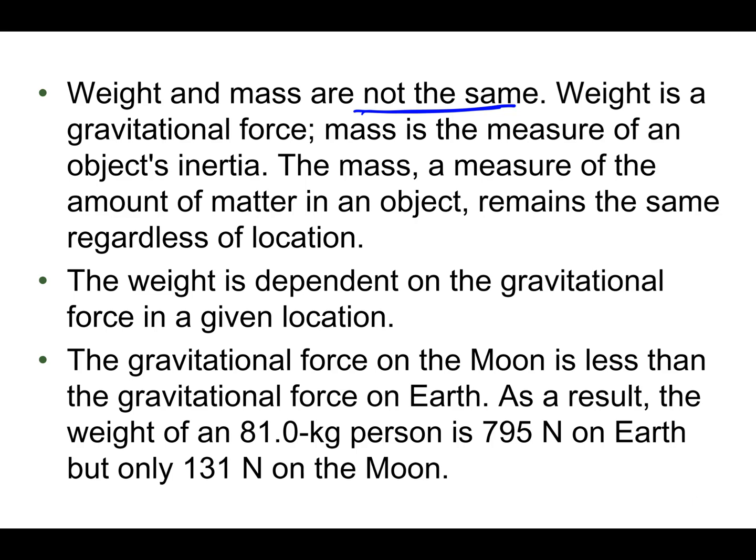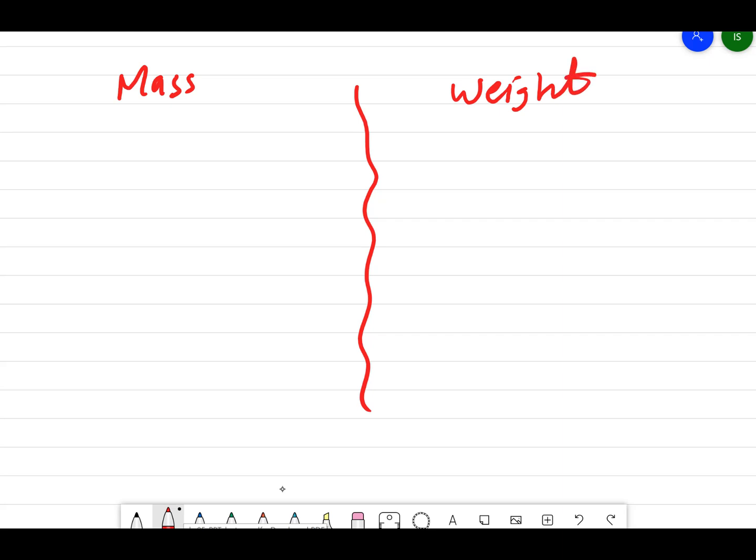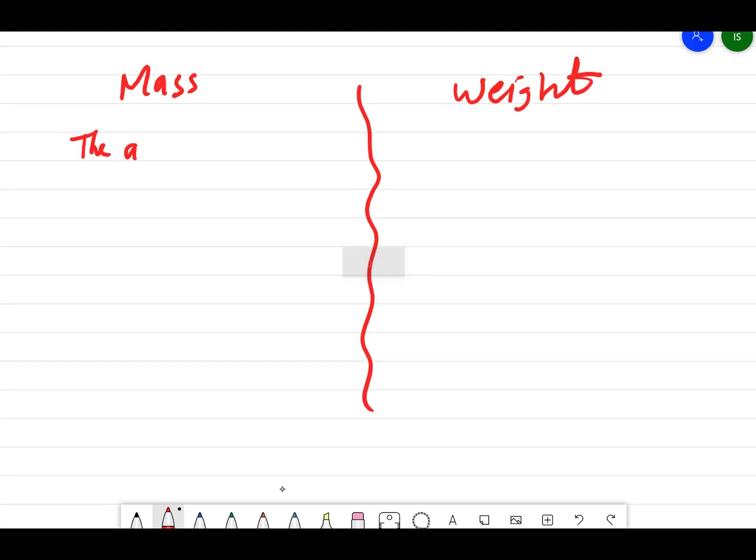Weight is measured in newtons. Let's see this together. Mass, weight. Mass, the amount of matter in an object.